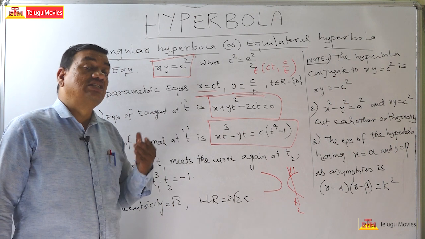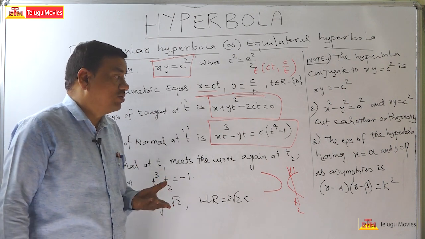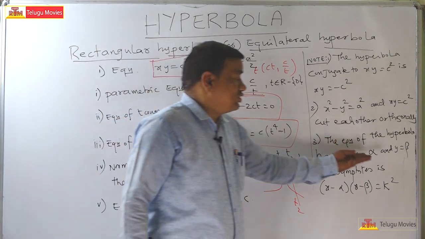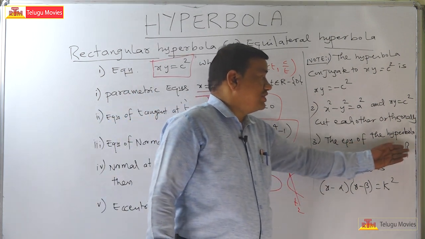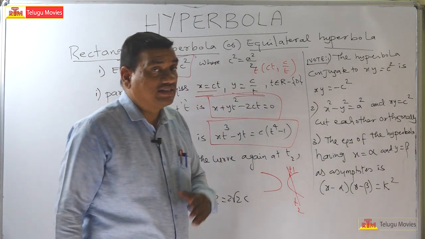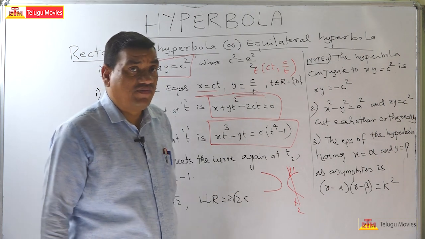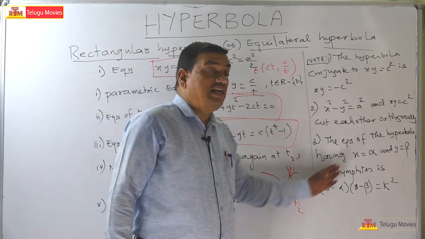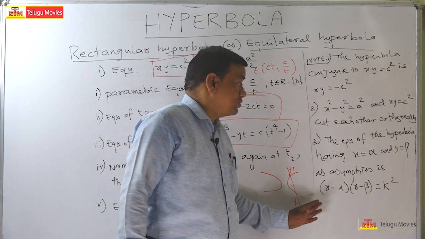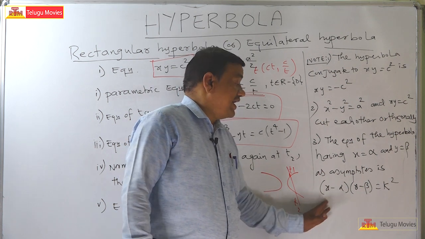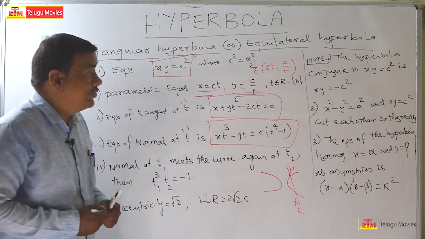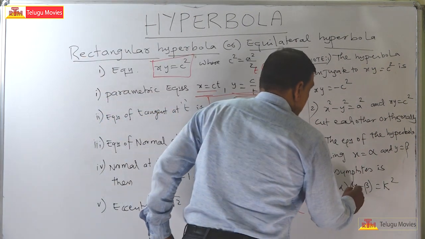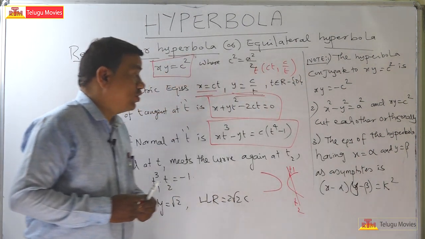Now the asymptotes are x is equal to alpha, a line parallel to the y axis, and y is equal to beta, a line parallel to the x axis and beta units away from it. Then the equation of the hyperbola is x minus alpha into y minus beta is equal to k square.